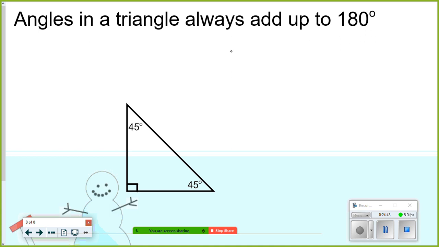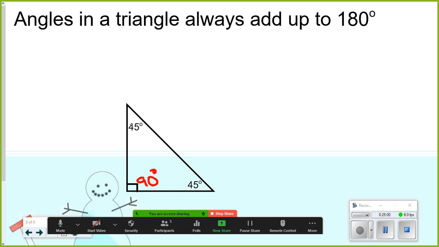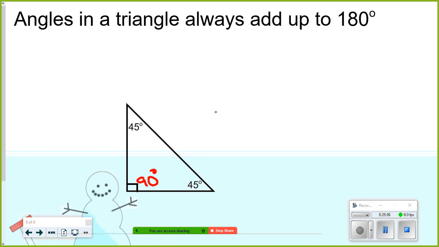So in a triangle, I can give you 2 angles and you have to find the missing one because they add up to 180. The one that people always forget when they have a question like this is they forget about this angle. Remember that one's 90 degrees. That's what the box is telling you. So 45 plus 45 plus 90 would add up to 180 degrees. So that's just a fact that you need to know.